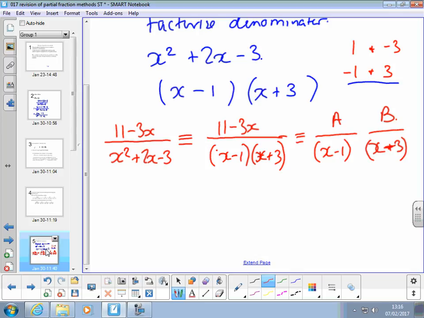And normally, when you write this out, you'd leave that bit out and just go straight from saying that is equivalent to that.